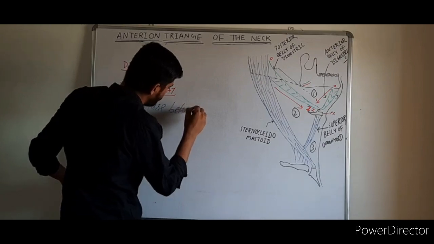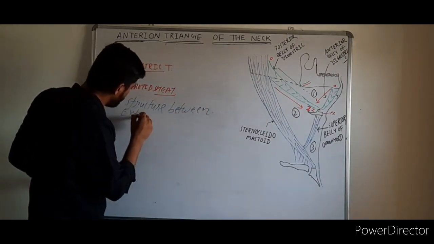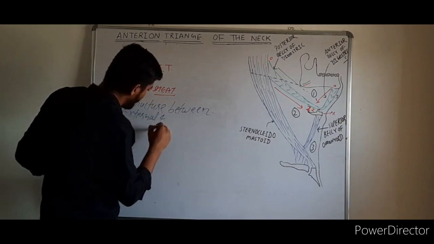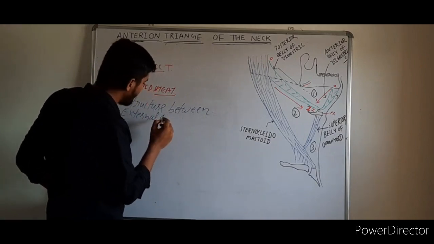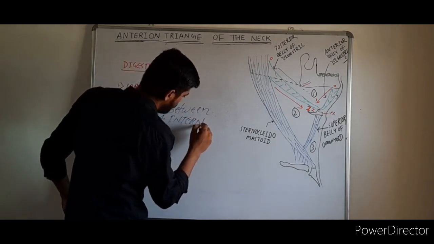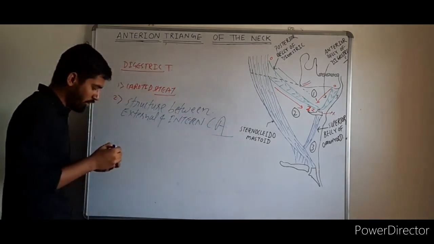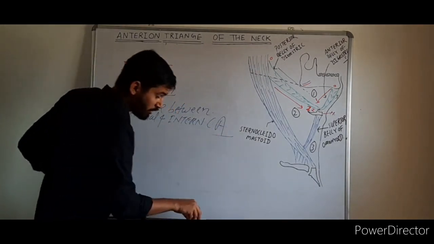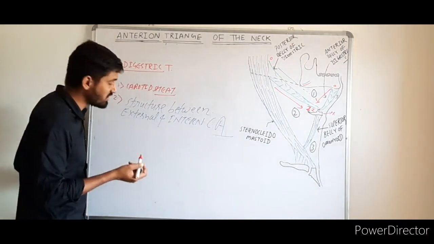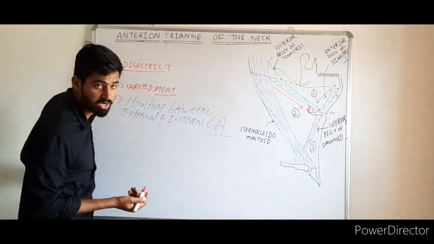Structure between external and internal carotid artery. You have to remember this structure. In your MCQ, the examiner may ask which one of the following structures is present between the external and internal carotid artery.